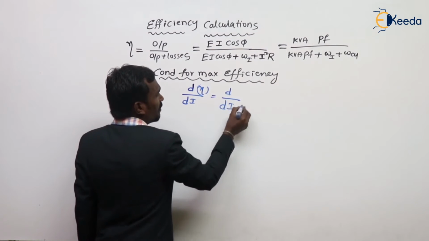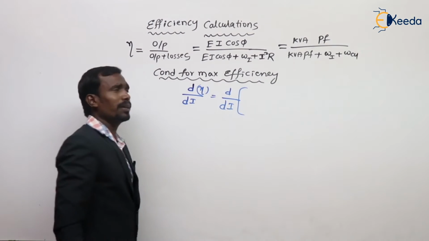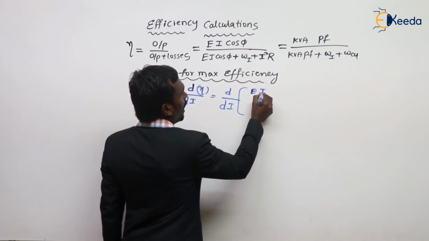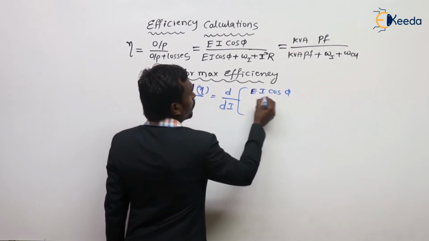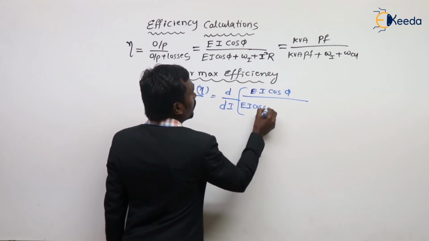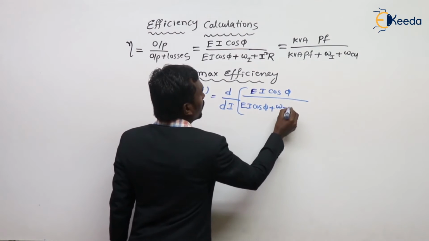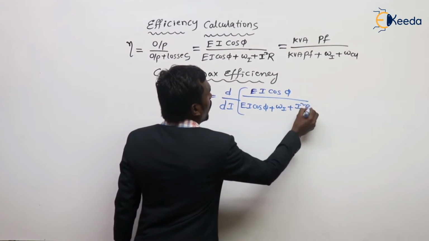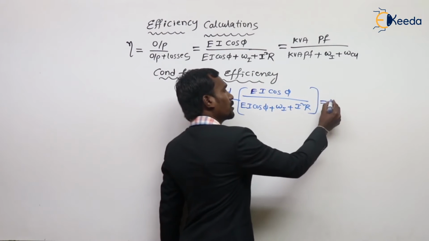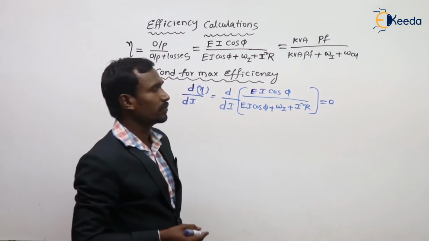Differentiate the efficiency with respect to I, because when load changes, current changes. So EI cos phi upon EI cos phi plus iron losses plus I square R losses, this is the efficiency, and d(efficiency)/dI equals 0. We have to do this.